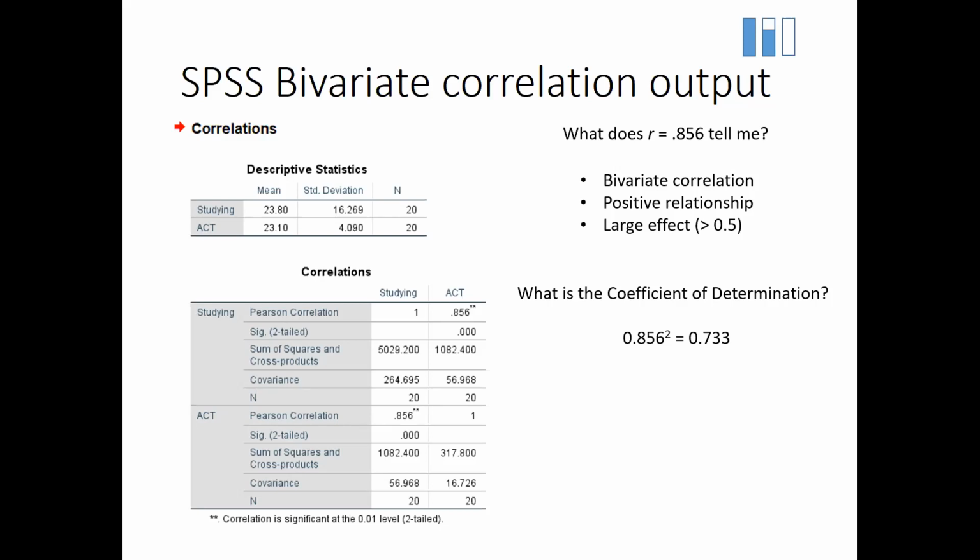This is a really high R value, which means that when we square it, we can safely assume that we can explain almost three quarters of the variance within ACT scores just by one predictor. Just by one predictor.